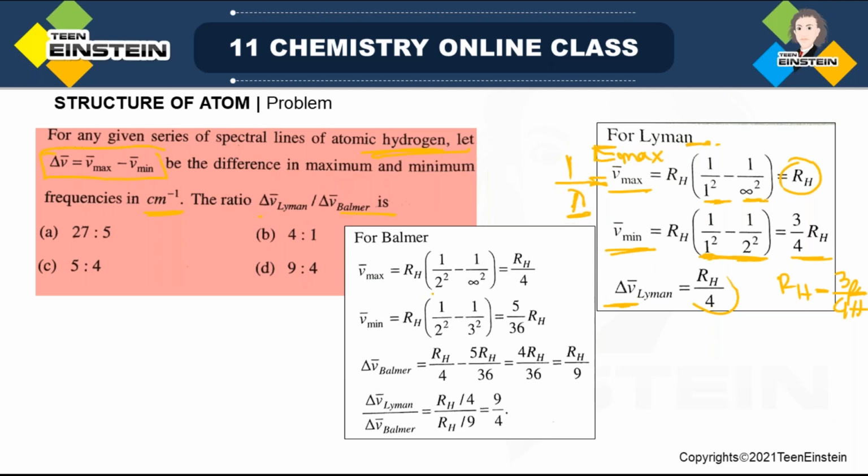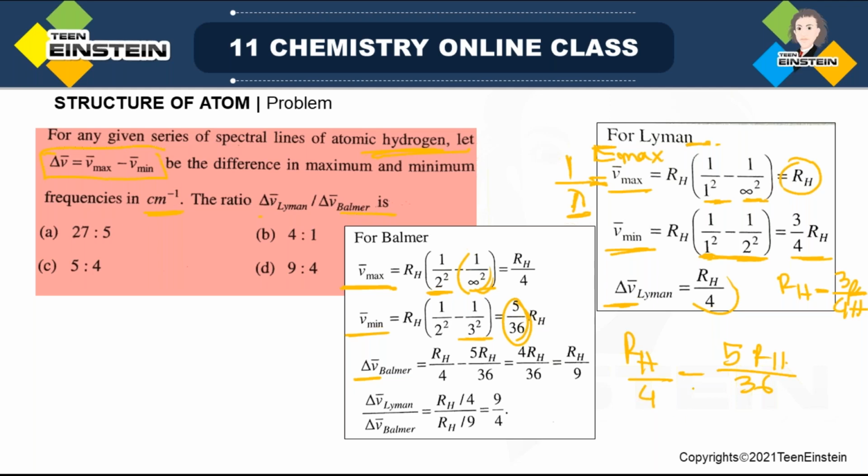Okay, same thing you will do for Balmer also. Now for Balmer, n1 is fixed as 2. Similarly, as you are finding nu bar max, you have to put infinity. So you are getting RH by 4, because this part is 0. Then for minimum energy, you have to consider higher level 3 to 2. So it is 1 by 4 minus 1 by 9, which is 5 by 36. So now del nu bar will be RH by 4 minus 5 RH by 36.